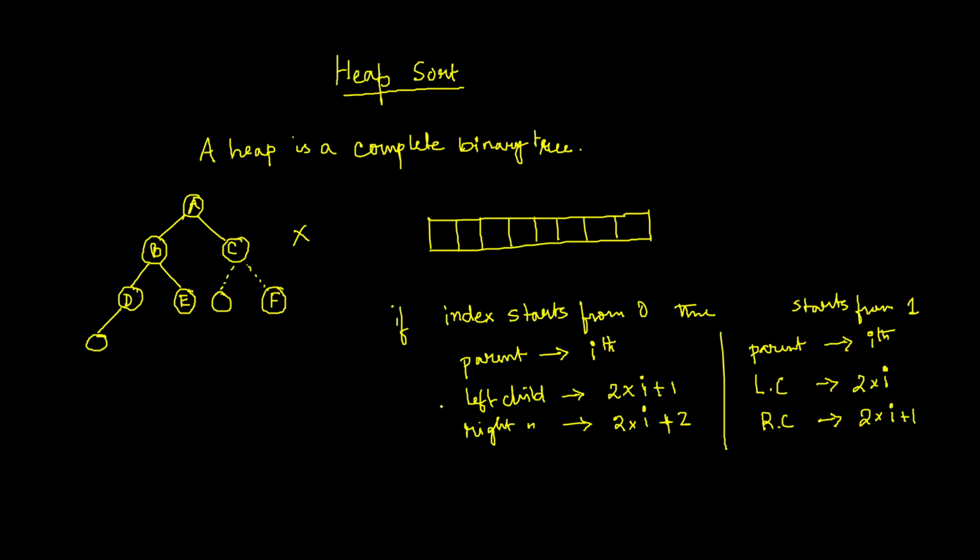So let's take an example of a complete binary tree, something like this: A, B, C, and on this side D, E, F, G, and suppose we have H and I. If we have an array, how many data items are there? 1, 2, 3, 4, 5, 6, 7, 8, 9.